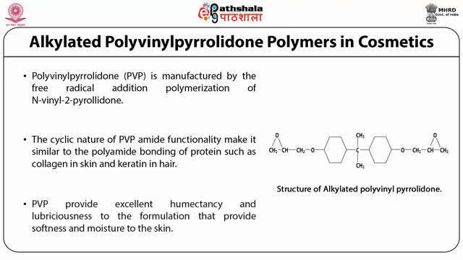PVP provides excellent humectancy and lubricancy to the formulation, which provides softness and moisture to the skin. PVP is used as a film former, hair fixative resin, thickener, lubricant, skin protectant, adhesion promoter, and gelling agent in cosmetics used for personal care.